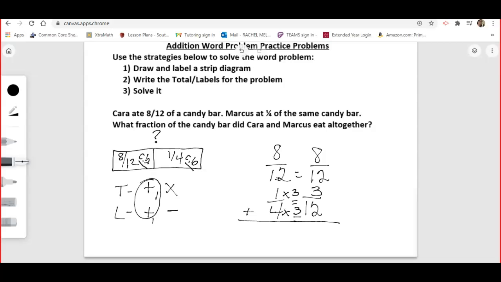Okay, so everybody, what's 8/12 plus 3/12? 11/12. Okay, and I know 11 is prime and 12 is composite. And so then the question is, can 11 go into 12 equally? Yes or no? No. I hear a lot of no's in my room. Okay, so 11/12 is the answer there.